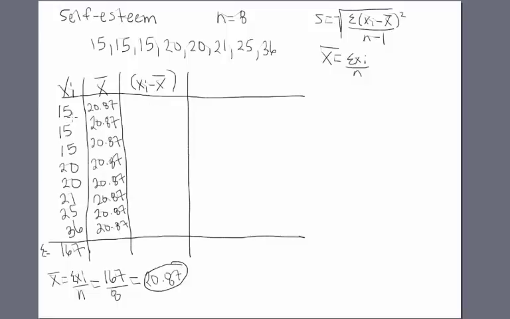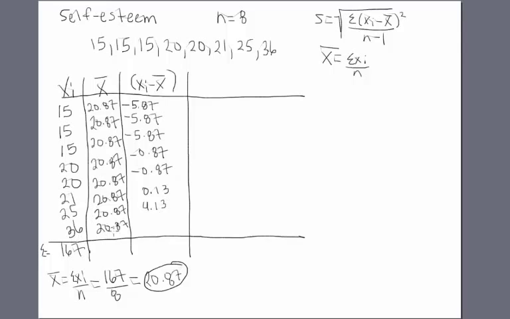So if we take 15 and we subtract 20.87, we're going to get a negative 5.87. 15 minus 20.87 again is negative 5.87. 15 minus 20.87 is a negative 5.87. 20 minus 20.87 is a negative 0.87. 20 minus 20.87 is a negative 0.87. 21 minus 20.87 is 0.13. 25 minus 20.87 is 4.13.